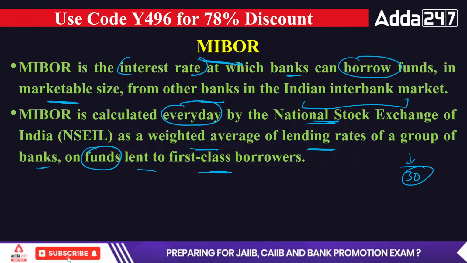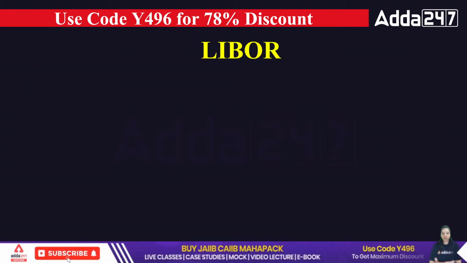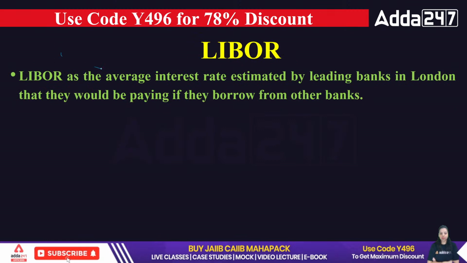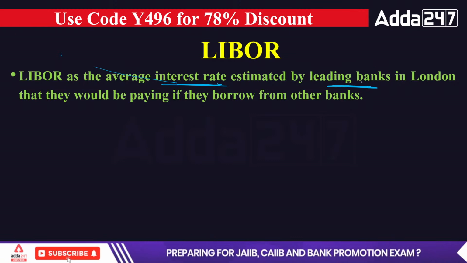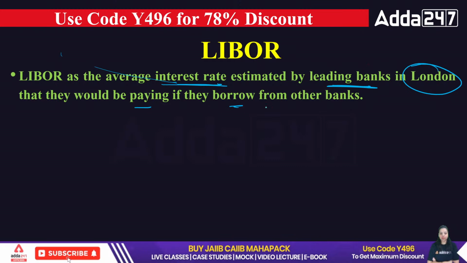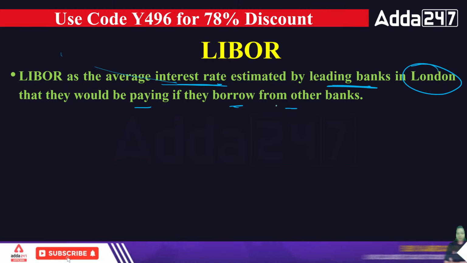Okay. Now, if I talk about the London Interbank Offer Rate, this is LIBOR. LIBOR is the average interest rate estimated by leading banks. Who is estimating it? Leading banks in London, that they would be paying if they borrow from other banks.